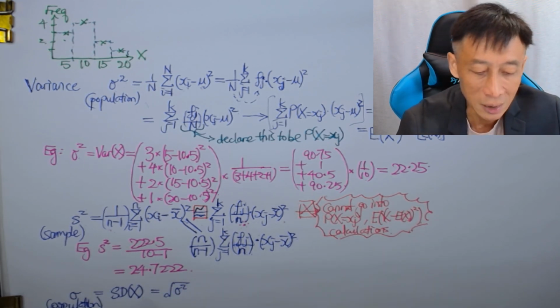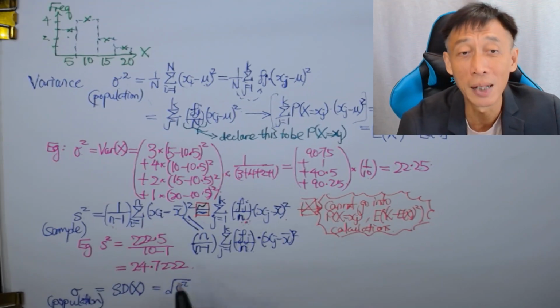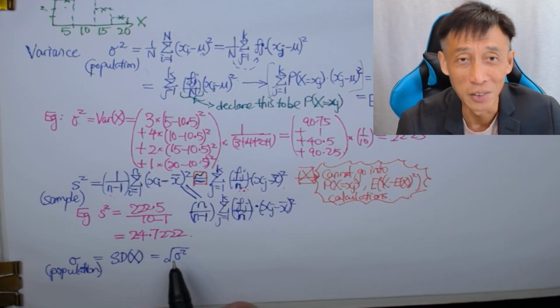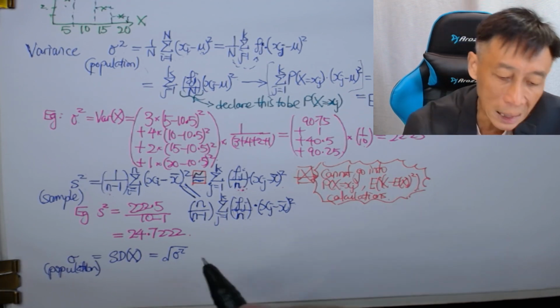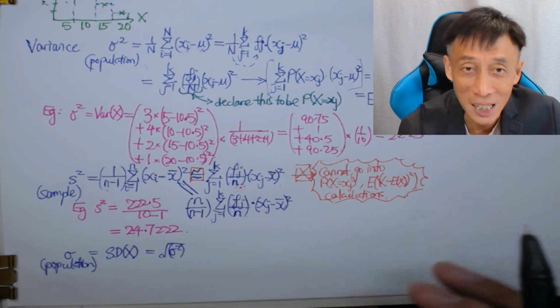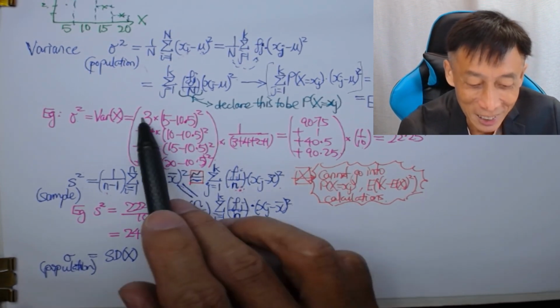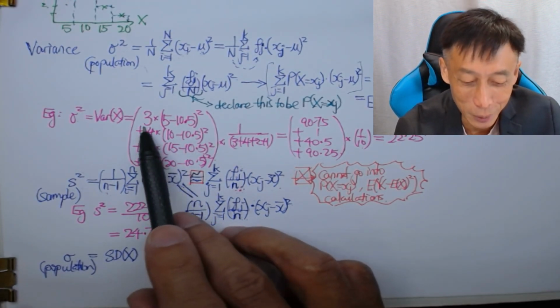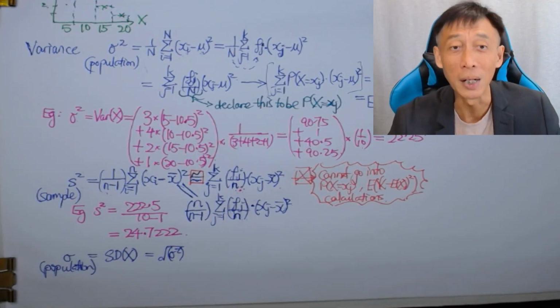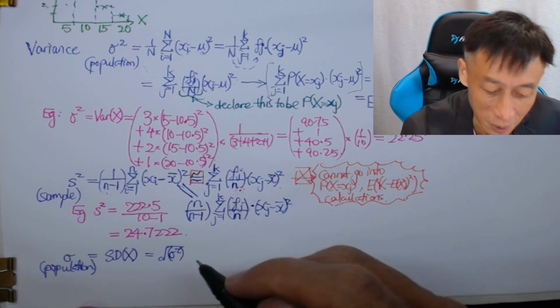So sometimes you may see textbooks writing sigma equals the square root of sigma square, which is mathematically trivial, right? Not very interesting. Why? Well, because sigma square is more readily calculated and easily understandable because you're dealing with squares, not the square root, which typically results in a lot of decimal places.